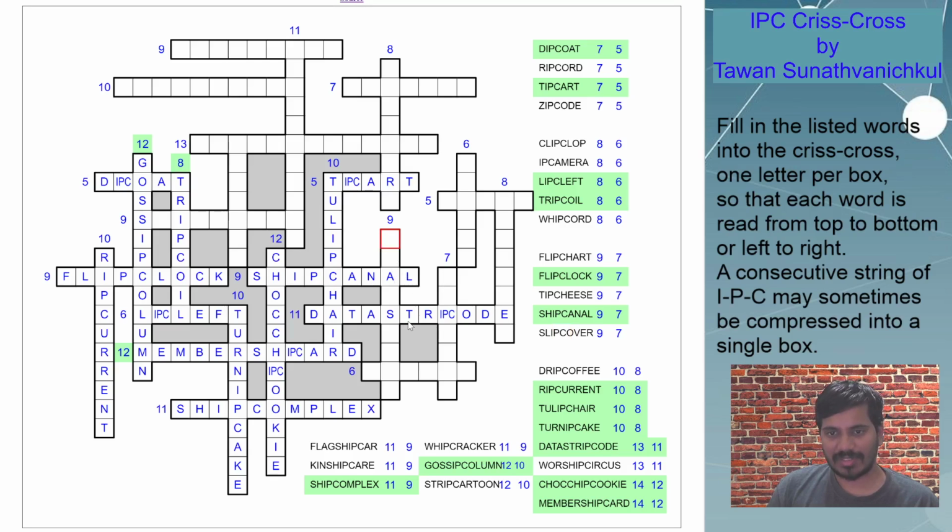Let us look at this 9 letter down, such that third is A and fifth is S. So I can see it's not whip, not kin, not slip, not tip, and not flip. So only one word which has third letter as A. Let's go ahead and mark that, flagship car.